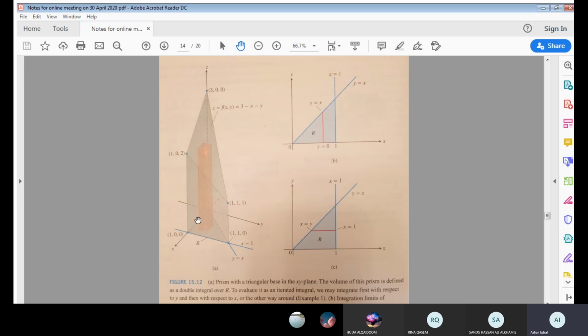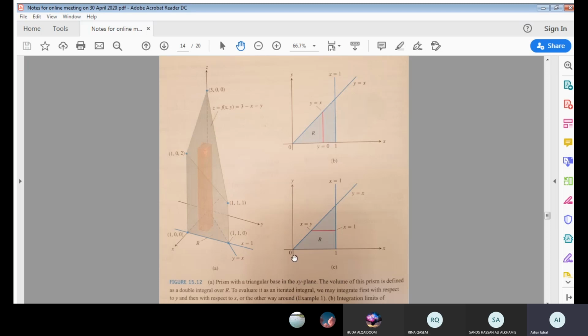Here is the same triangle. The plane is defined by the condition z = f(x,y) = 3 - x - y. So this is our slanting plane.